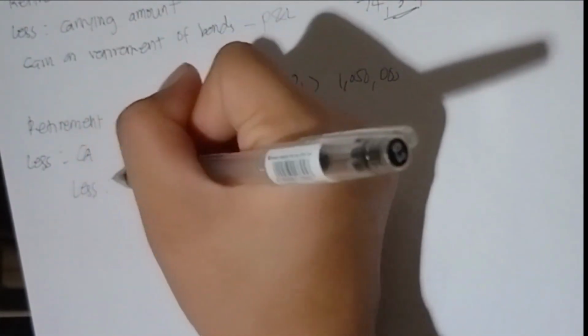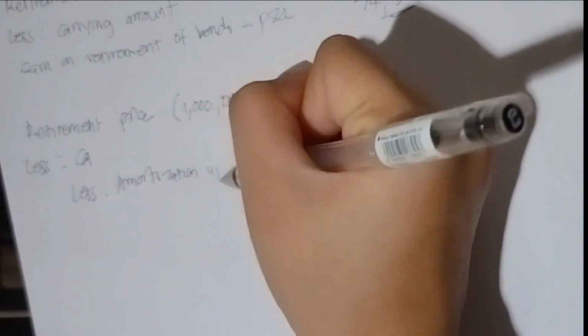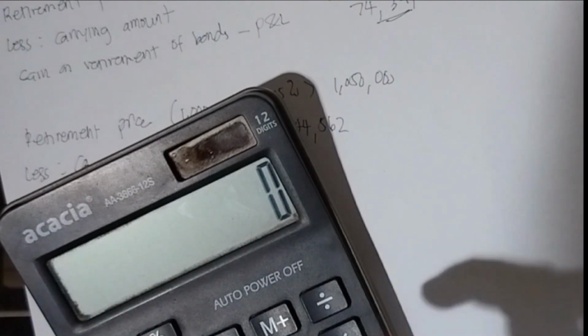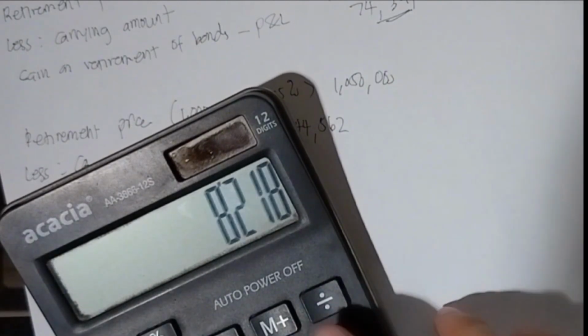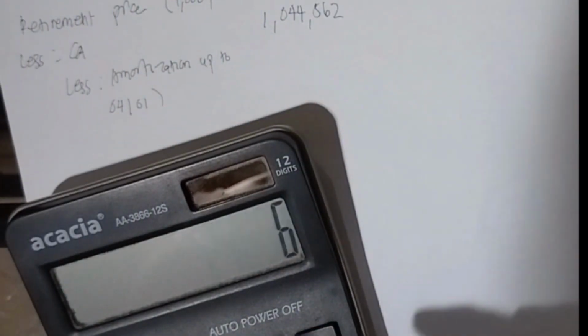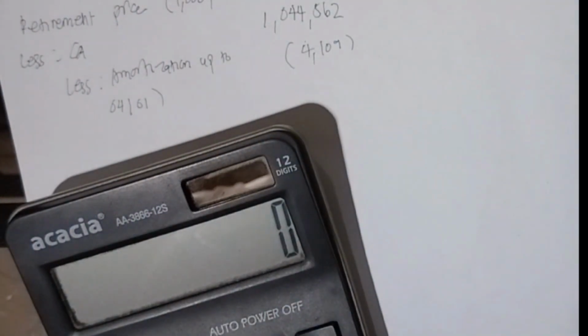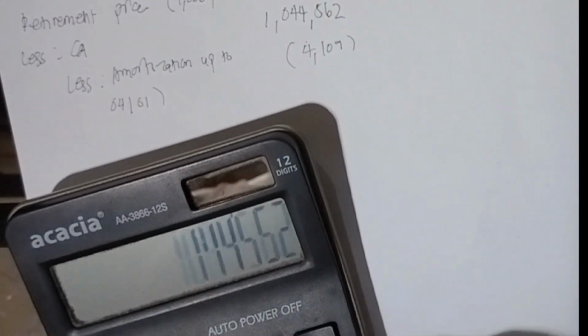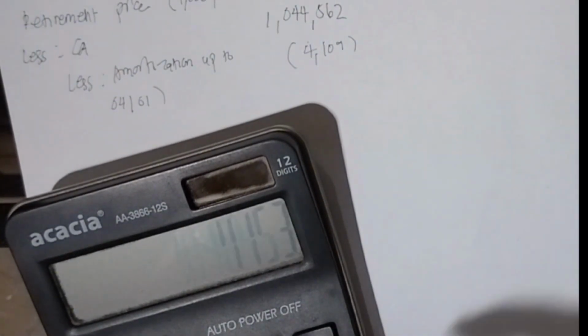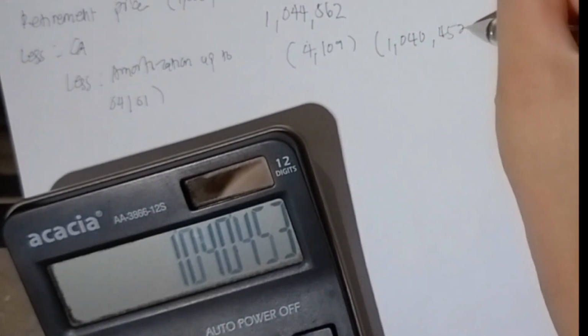Less for the amortization up to April 1. So to compute, we have 8218 times 3 divides 6. So we get less 4109. So 1,044,562 minus 4109. So less 1,040,453.